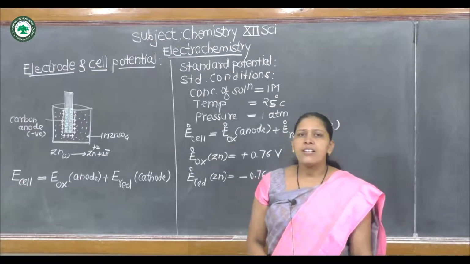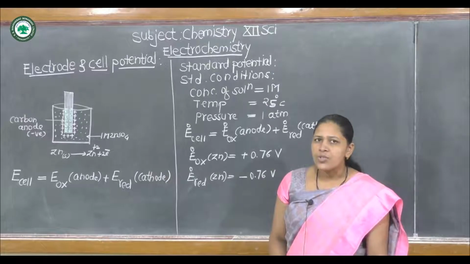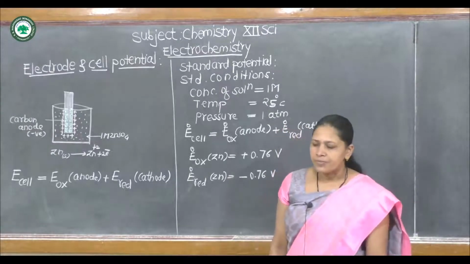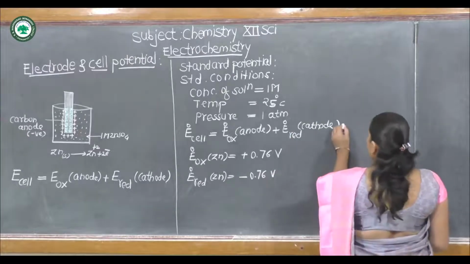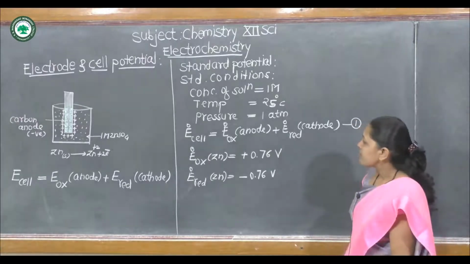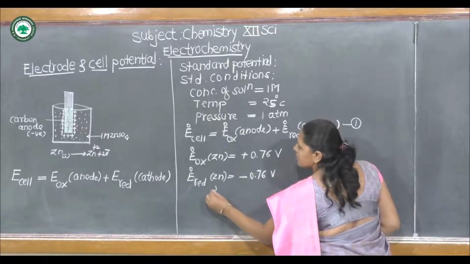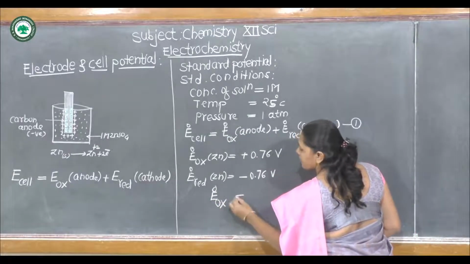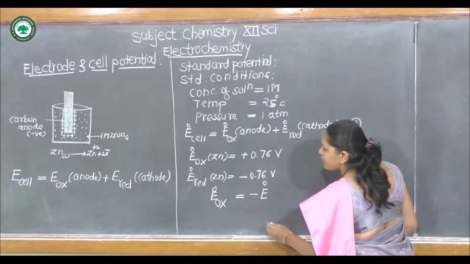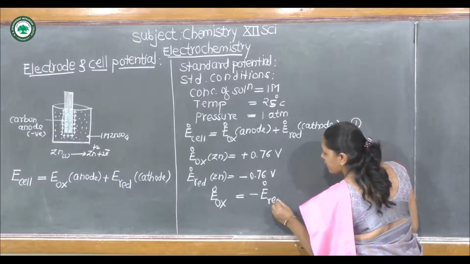Then standard cell potential is written in terms of standard reduction potential of the electrode. Say this equation as 1. In equation 1, standard oxidation potential is equal to minus standard reduction potential.